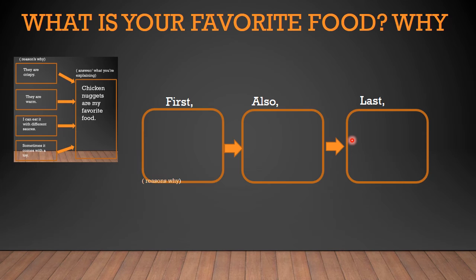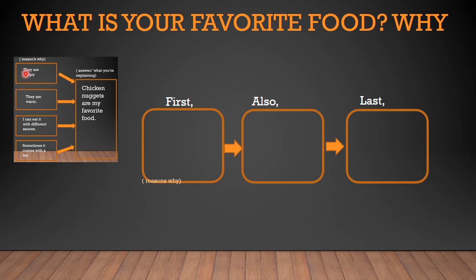And that's because we want to make sure that we're not repeating ourselves and really getting all the juicy details in there that we want to highlight our topic. So I have to go into my one-sided flow map and I have to choose which 3 are the most important reasons why I like chicken nuggets. They're all important to me, but I want to keep the most important.